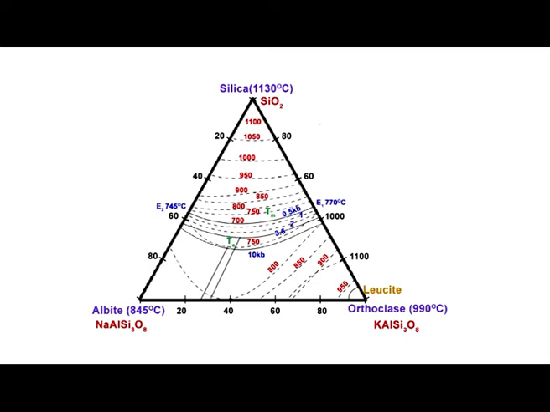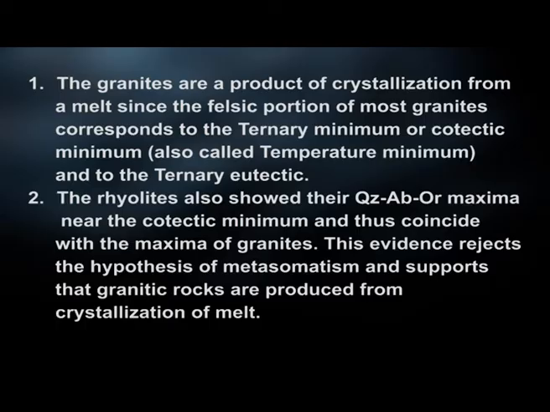The results are shown in figure A and B. These plots, when viewed in light of the experiments on granite system, demonstrated that first, the granites are a product of recrystallization from a melt, since the felsic portion of most granites corresponds to the ternary minimum or cotectic minimum, also called temperature minimum, and to the ternary eutectic.